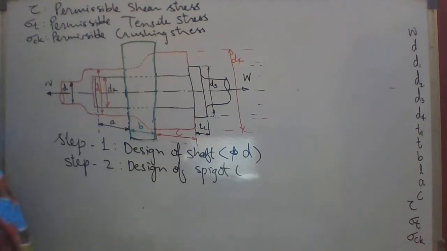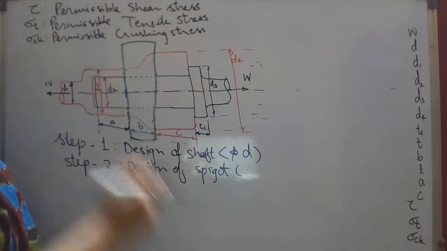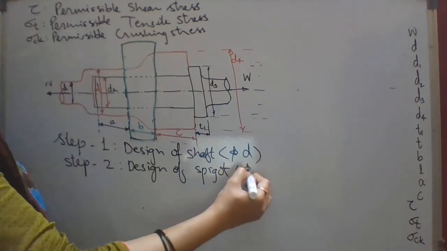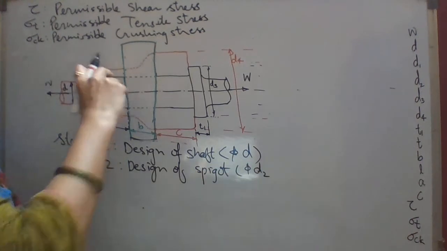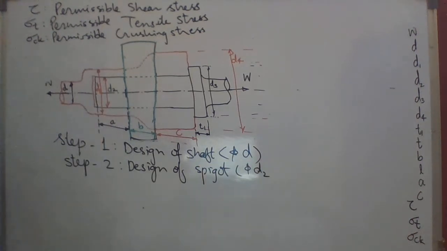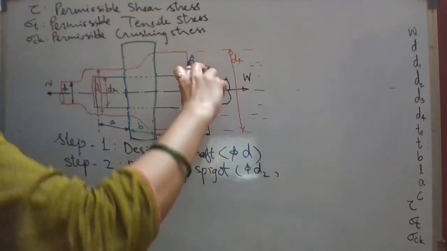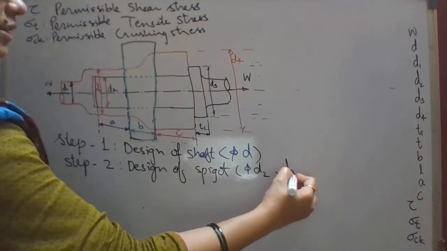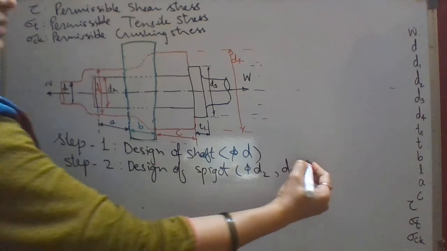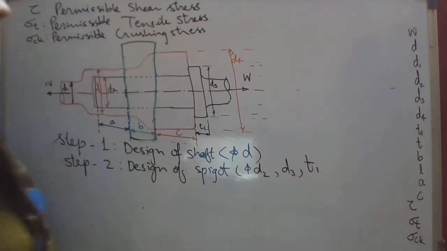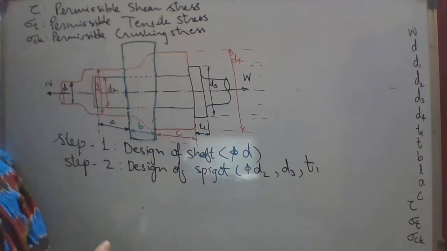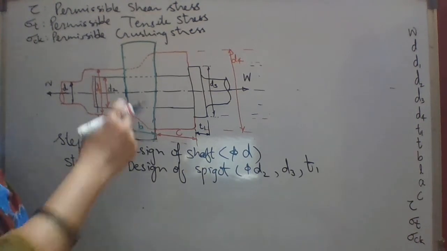So we'll design all the dimensions related to the spigot: the diameter of the spigot, D2, the diameter of the spigot collar, D3, the thickness of the spigot collar, T1. And since there is the slot in the spigot, the dimensions of the cotter will also be included, B and T. L is not there, but B and T.